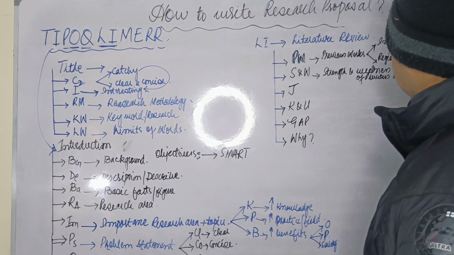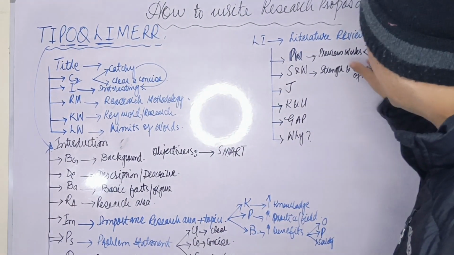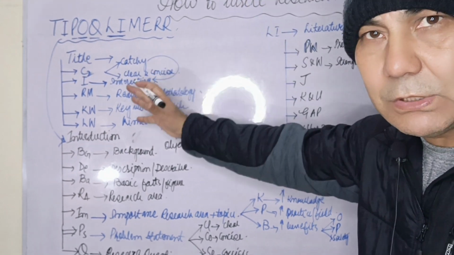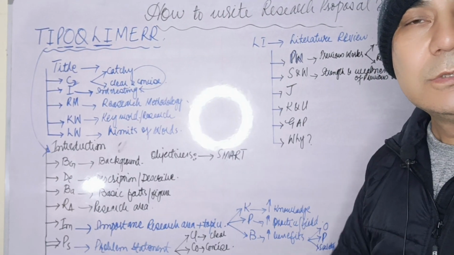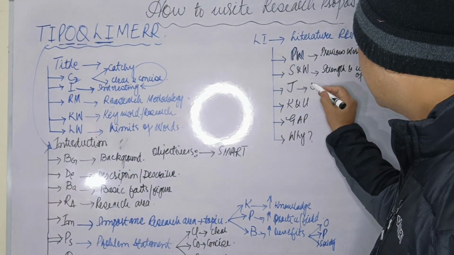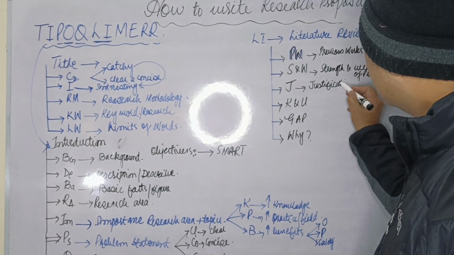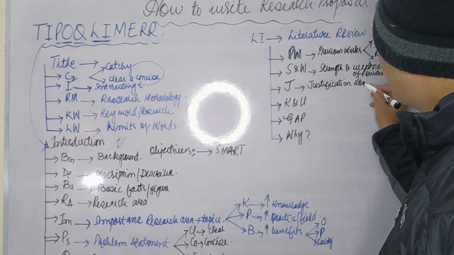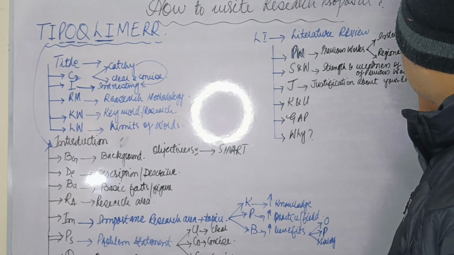The previous work, which the researchers have done in the area relevant to your topic: what are the strengths and weaknesses of that research work? Then J is the justification, the justification of your research topic.